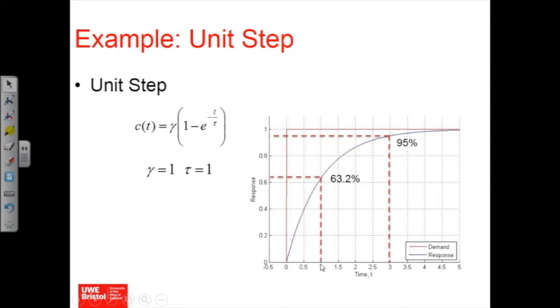After 1 time constant, I get to 63% of the final value. After 3 time constants, I get to 95% of the final value. 1 minus e to the minus t upon tau. If we've got a size number in front of it, the whole thing just gets bigger, but it stays the same shape. The dynamic is the same.